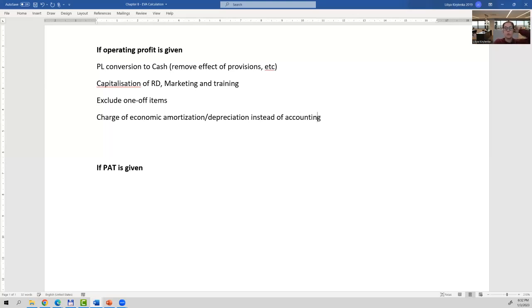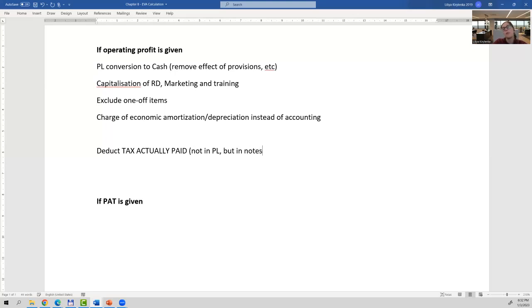What else do we need to do? Well, if it's operating profit after tax, we need to deduct tax actually paid. And we will find it not in a P&L that is given, but in notes.